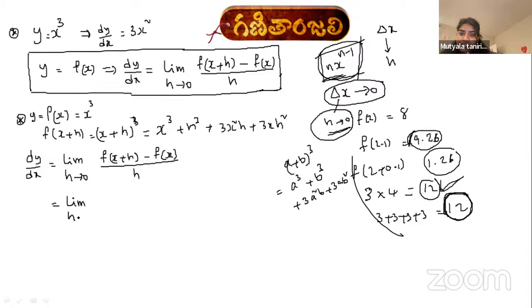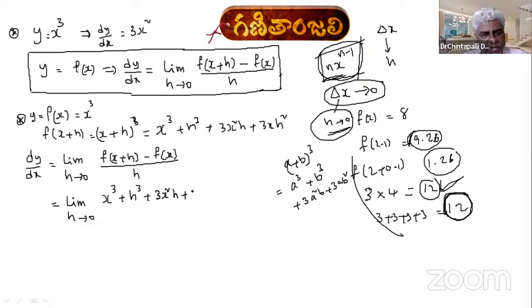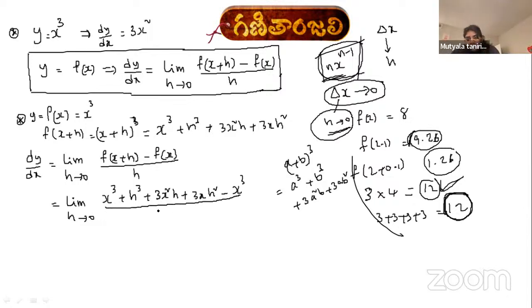What is f of x plus h? It is x cube plus h cube plus 3x square h plus 3x h square, minus f of x, which means x cube, whole divided by h.